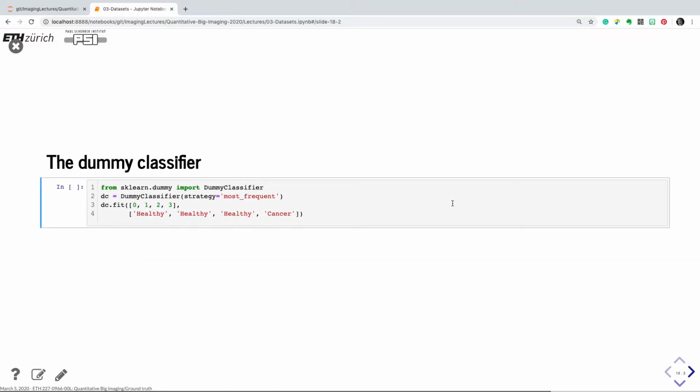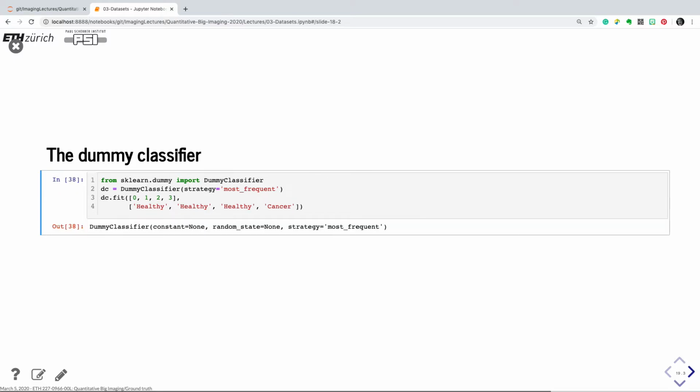So let's start with a dummy classifier. The classifying strategy is to take the most frequent class as the prediction. So if we have this data set, we have 1, 2, 3, and we say healthy, healthy, healthy, cancer. We see that there is an imbalance. The majority says it's healthy, and we train it.